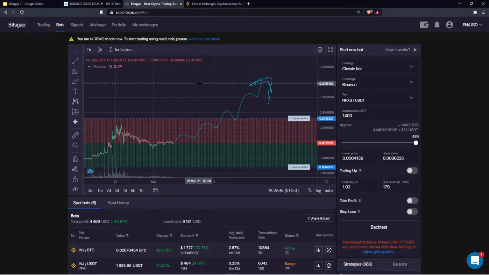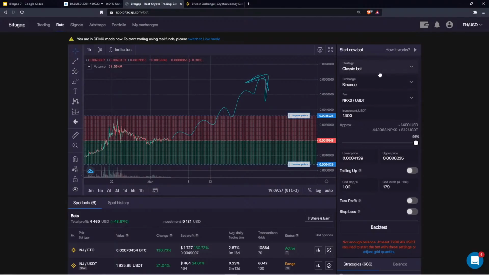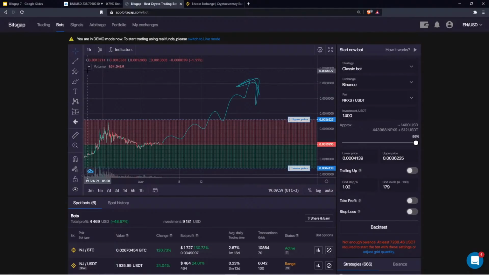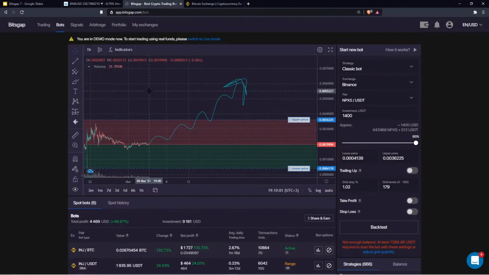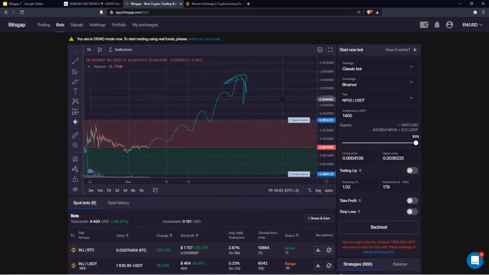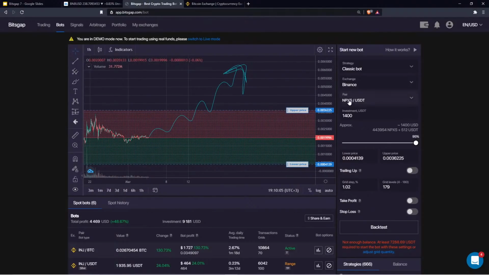The point here is in the way the classic bot distributes your investments compared with the S-bot. So in the classic bot, the bot always buys and sells the same amount of the base currency. In this case, you see I have NPXS trading to USDT.